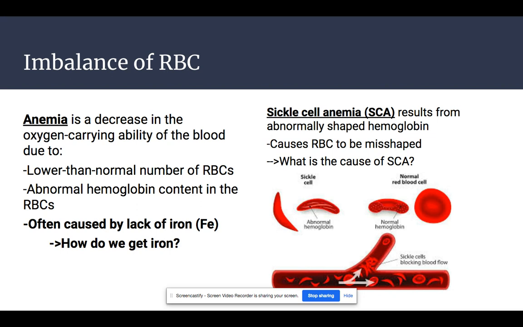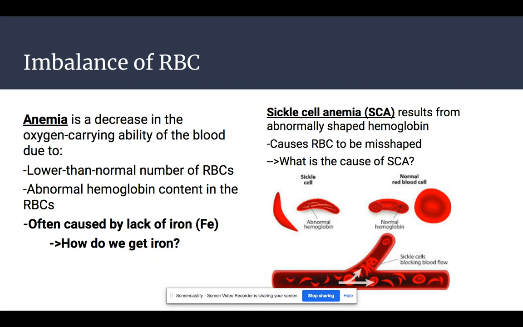So a reminder that sickle cell anemia is the mutation in the hemoglobin protein, which causes the hemoglobin to be misshaped and therefore the red blood cell to be misshaped. So you can see that the sickle cell red blood cell here is sickle shaped instead of the round biconcave disc shape of red blood cells, which again is caused by a mutation in the protein for hemoglobin.